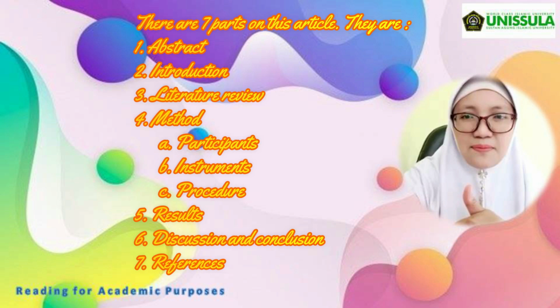Method here can be divided into 3 categories: participants, instruments, and procedure. And then the fifth part, results; the sixth part, discussion and conclusion; and the last part is references.